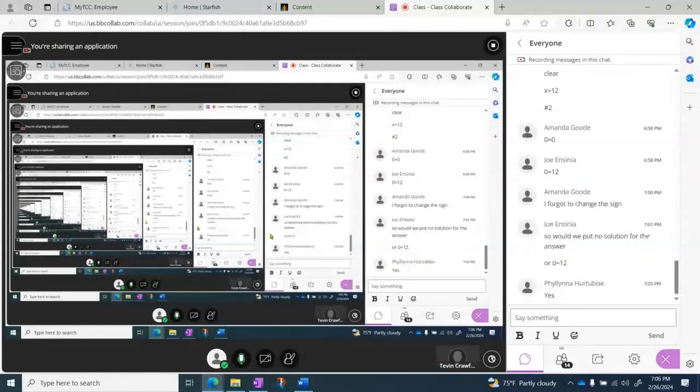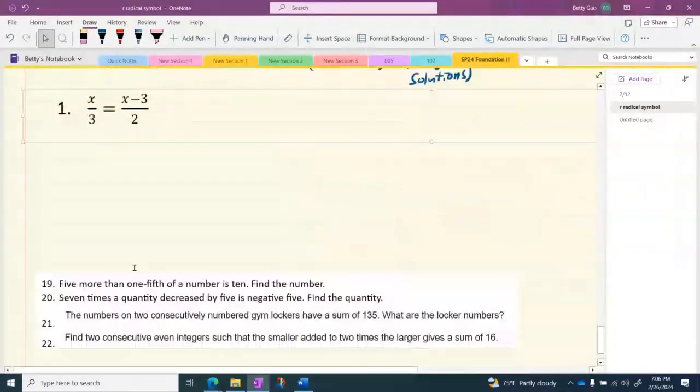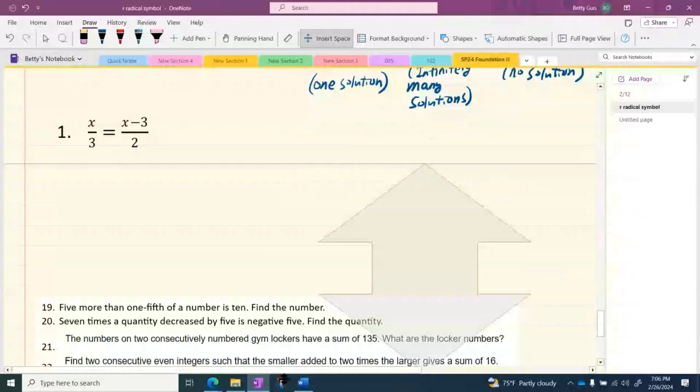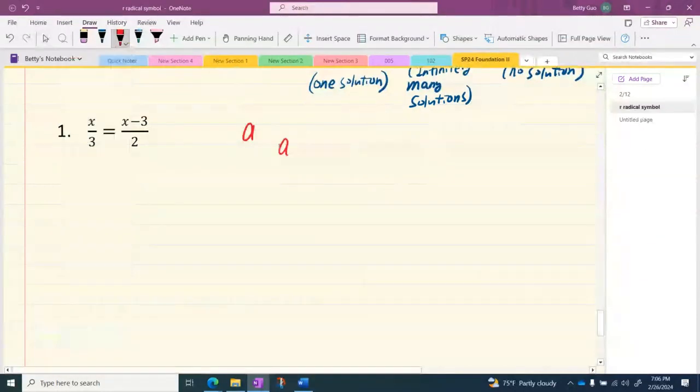Okay, awesome. And one more thing before we start a new topic. Some equations look different. They have special looks. They have this structure. And they are called a proportion.